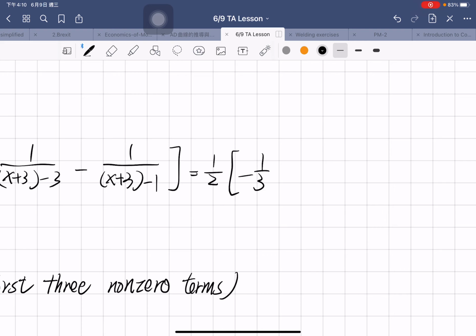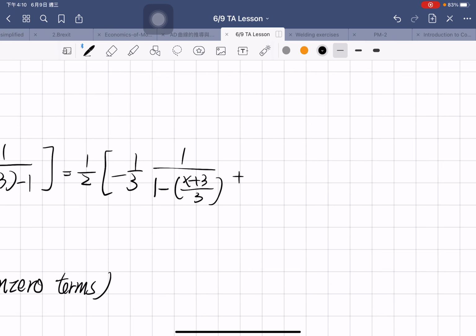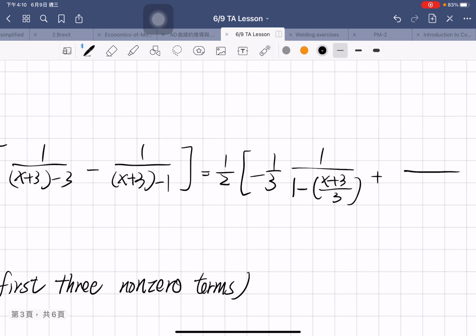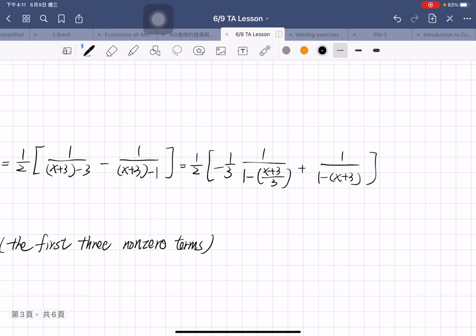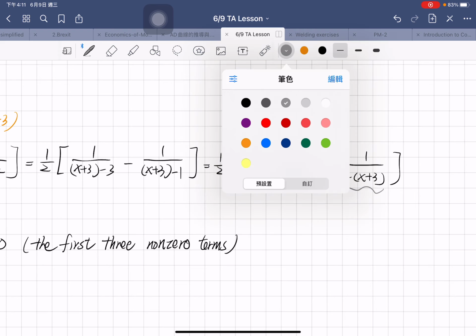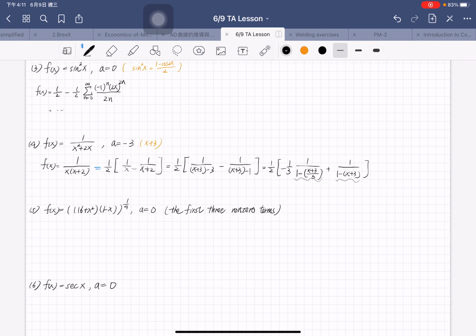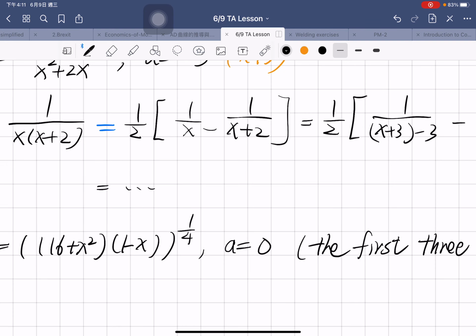So we take our -3 out, so it will be 1 minus x plus 3 over 3. And a -1 out, so this becomes plus 1 minus x plus 3. Okay, so now you just plug in the formula, you know how to expand it, and the last step is just make it more beautiful. Okay, so I think that's not too difficult, so I leave it to you.